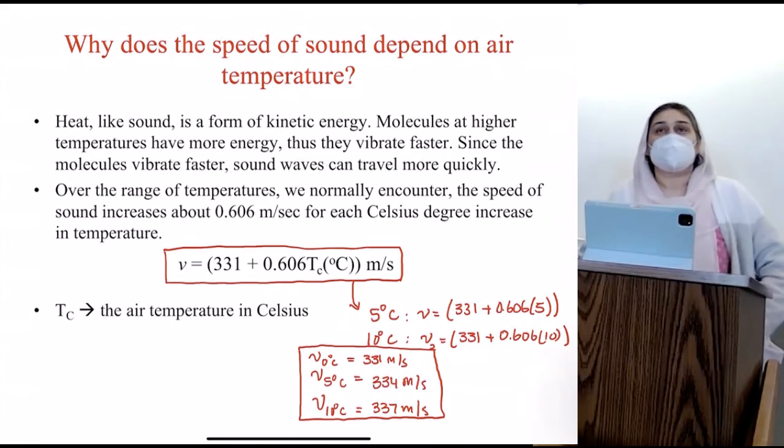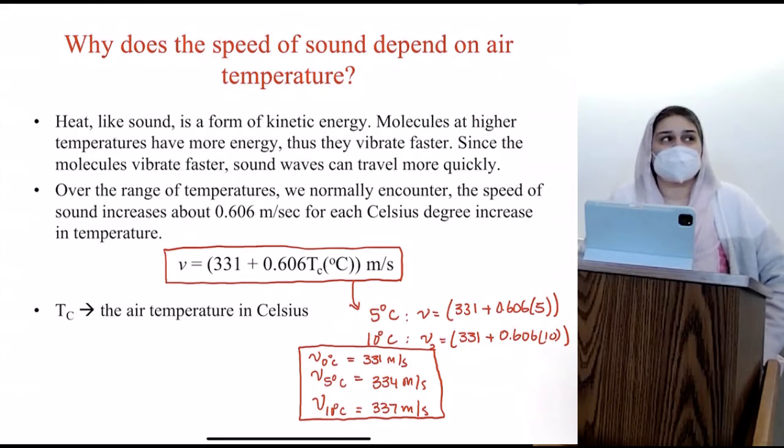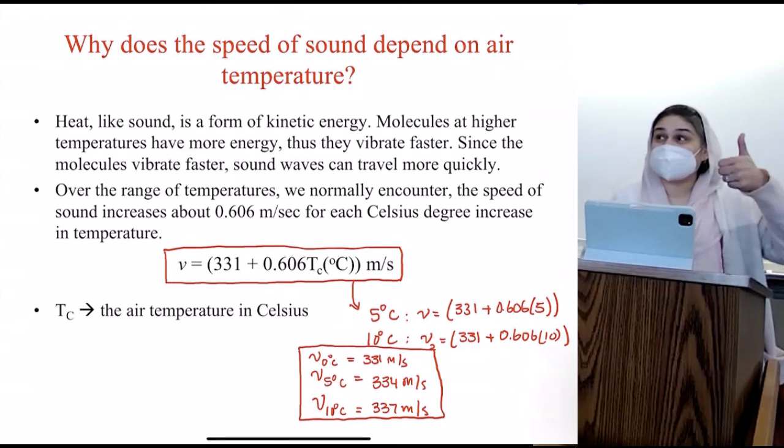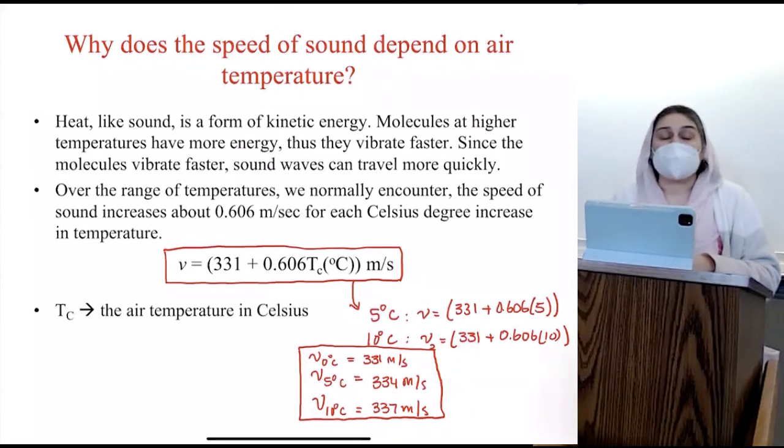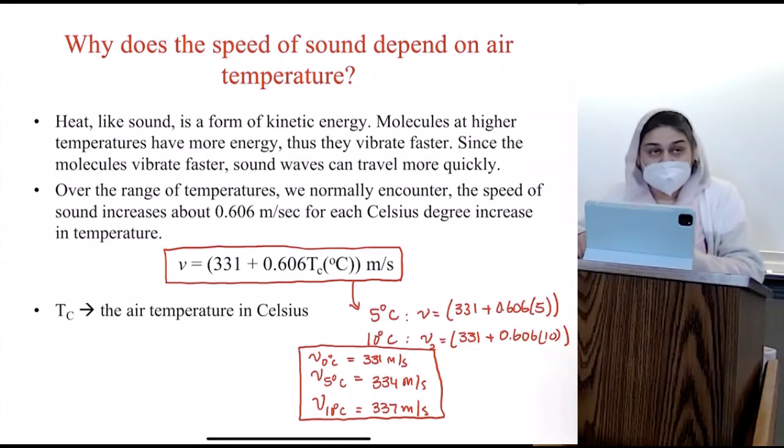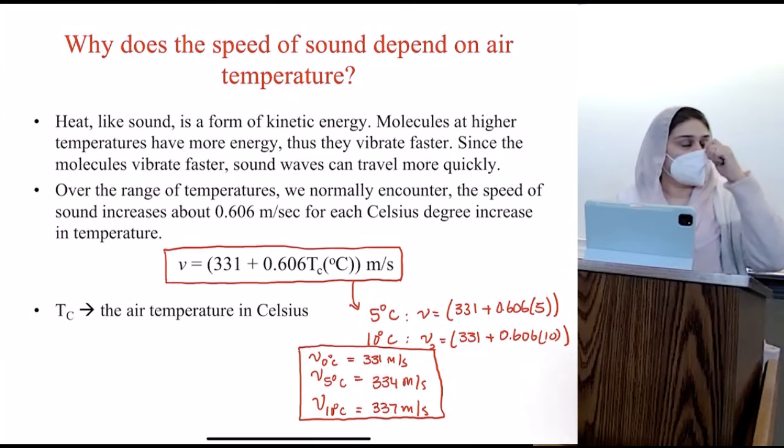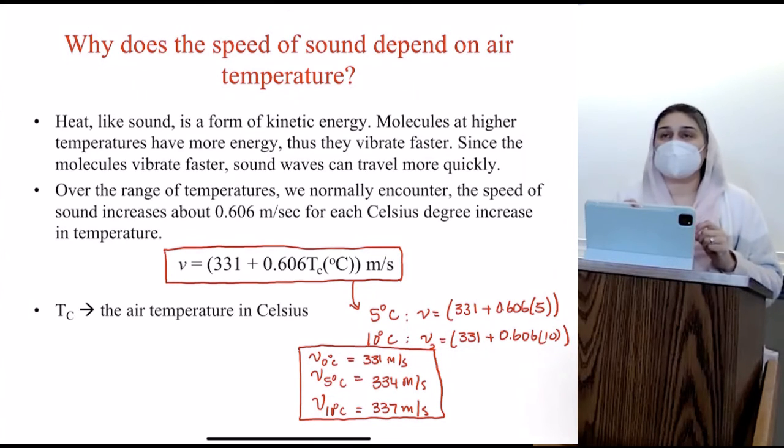Okay. What do you notice? As temperature is going up, what is happening to the speed? It's going up, right? So as temperature goes up, speed of sound goes up. Why does that happen?